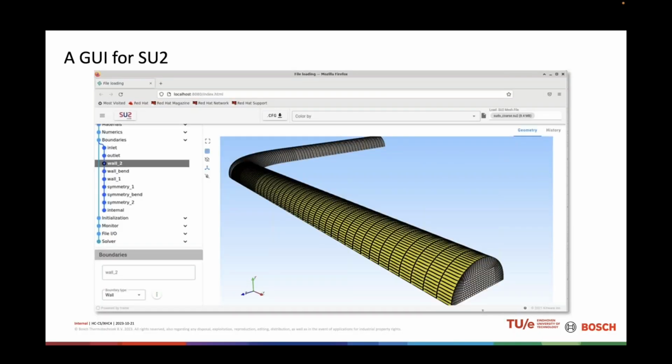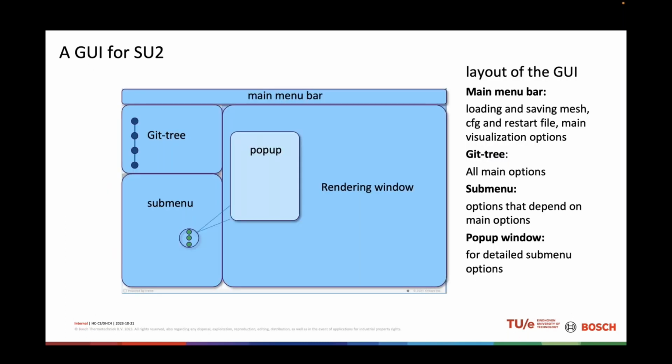So here is a screenshot of the graphical user interface that I'm currently working on. So what do we see? These are the main components. There's the main menu bar on the top for loading and saving meshes. To the left, we have a tree with all the main options that we need to set for the configuration.